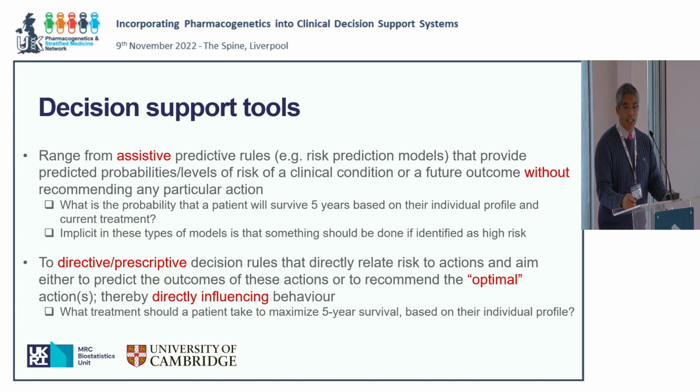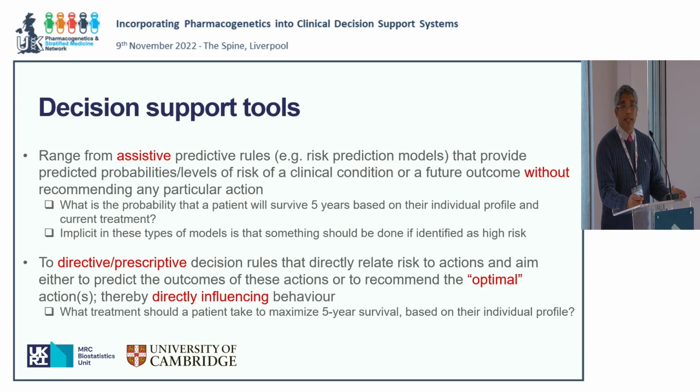So for example, questions like, what is the probability that a patient will survive 5 years based on their individual profile and their current treatment? Implicit in these kinds of models is that something should be done if identified as high risk, but they don't explicitly tell you what the decision to make is. They leave that up to the doctor, the clinicians, and the patients.